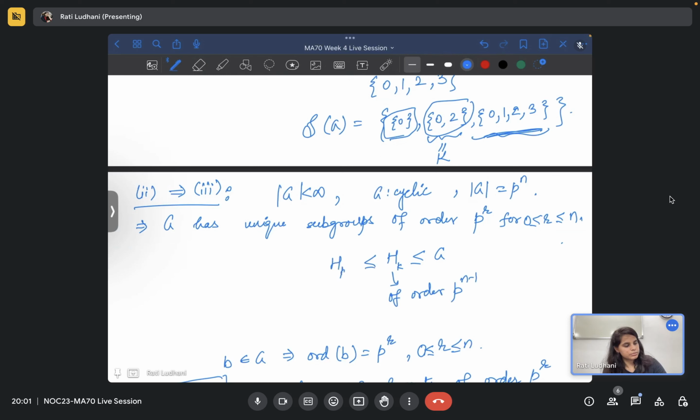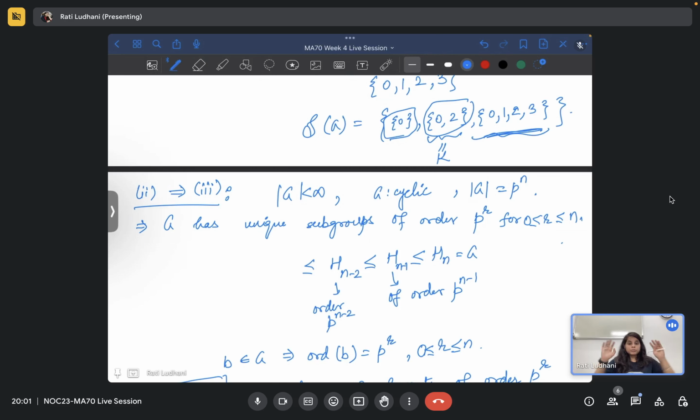Next you will have H_{n-2}, of order p raised to power n minus 2, and so on, because you have unique subgroups of every order.